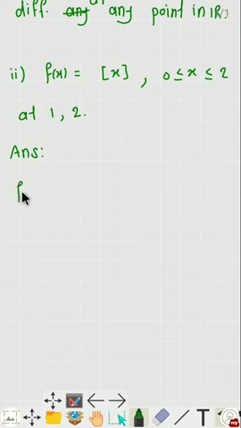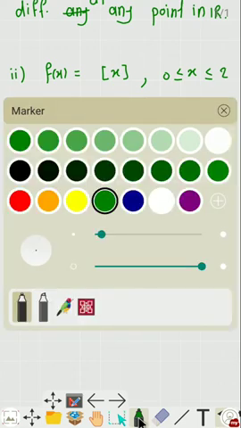Now we write that function f of x in detail. In case when x is greater than or equal to 0 and strictly less than 1, the function has value 0. Sorry, it is not the greatest integer function, it is a step function.